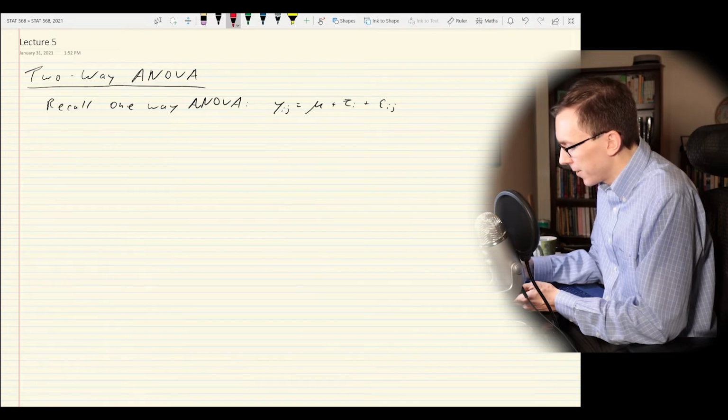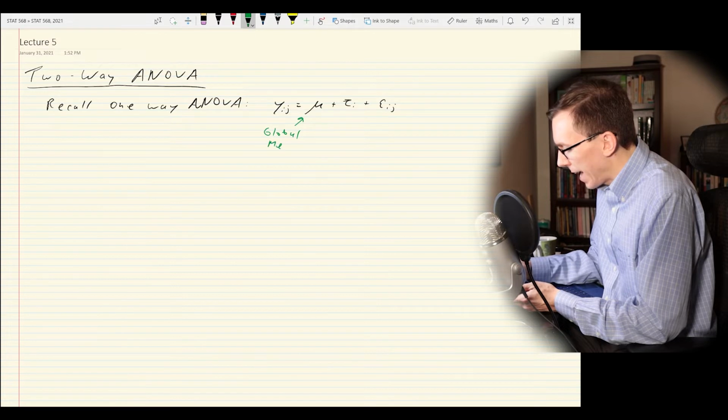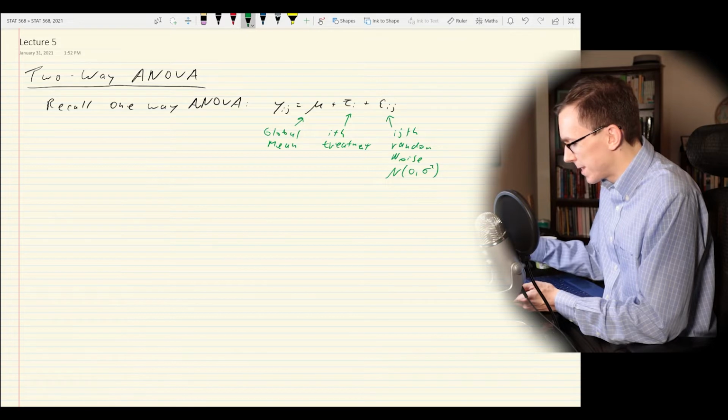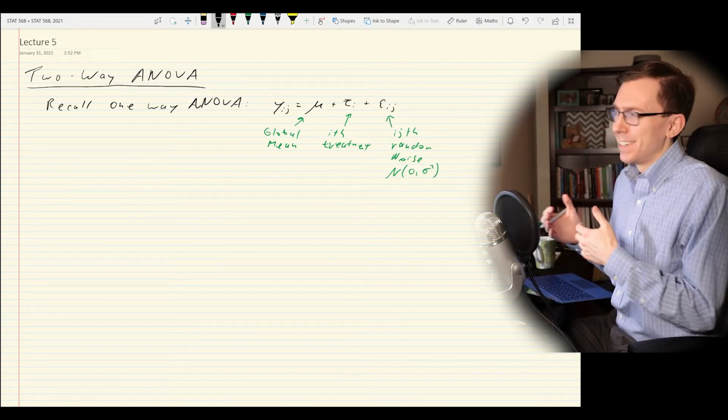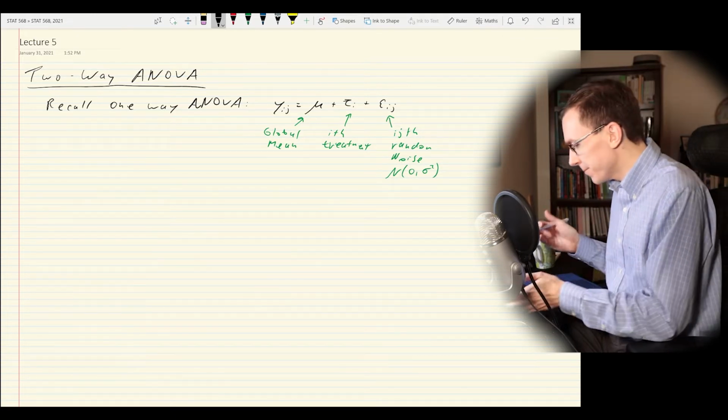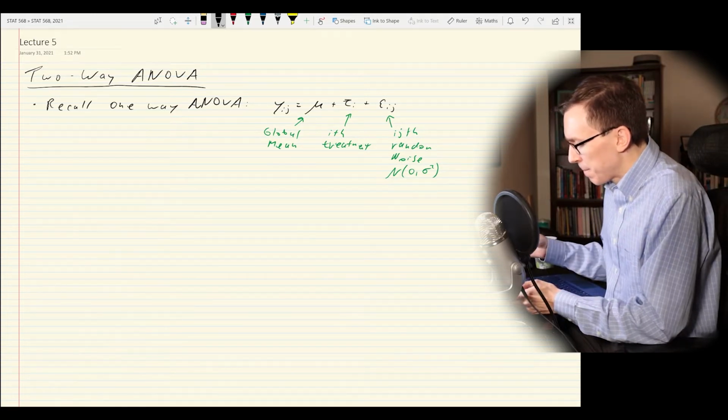So here we would have our global mean, we would have our ith treatment effect, and our ijth random noise, which, as always in this course, we'll assume is going to be normal with some unknown variance. Again, not always the case in practice, but typically the way we will proceed in this course. Okay, so we have that.